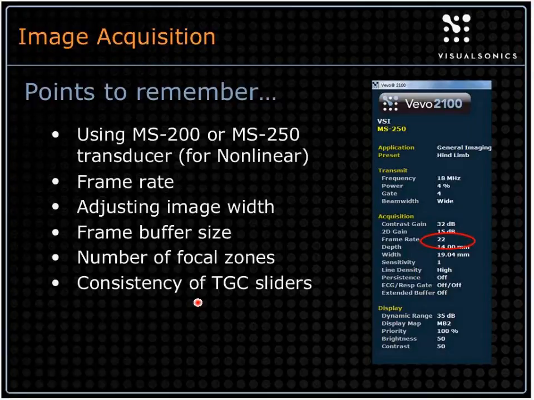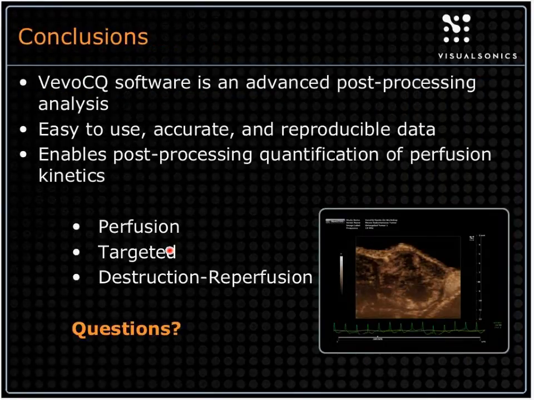So if you can't have them all in the home center position, if you need to have them, say, dialed up or dialed down in the upper or lower portions of the image, you can set that and then save that setting. That will allow you to recall that setting and then lock a recalled setting in place. So that allows you to keep those consistent throughout your studies.